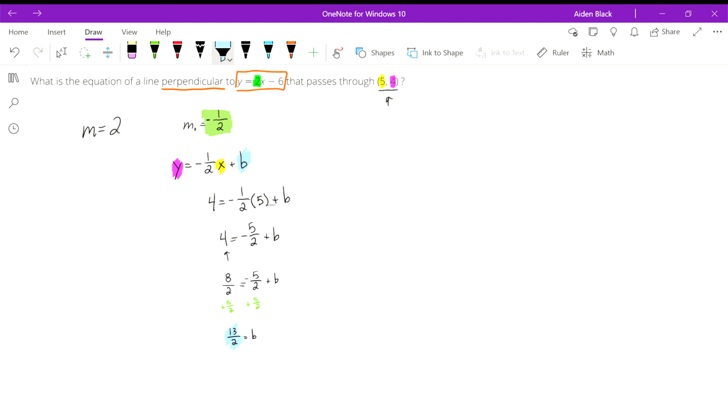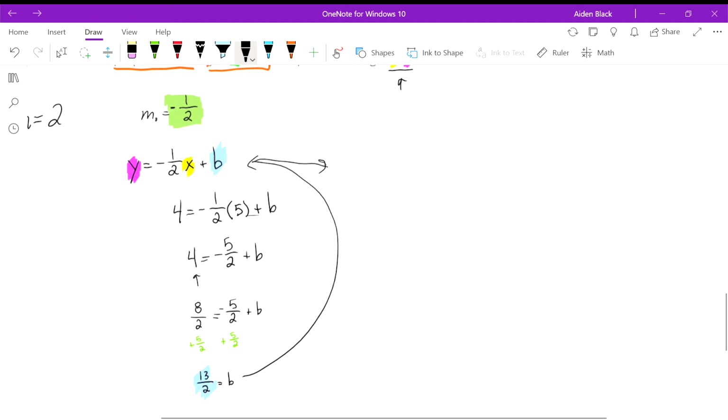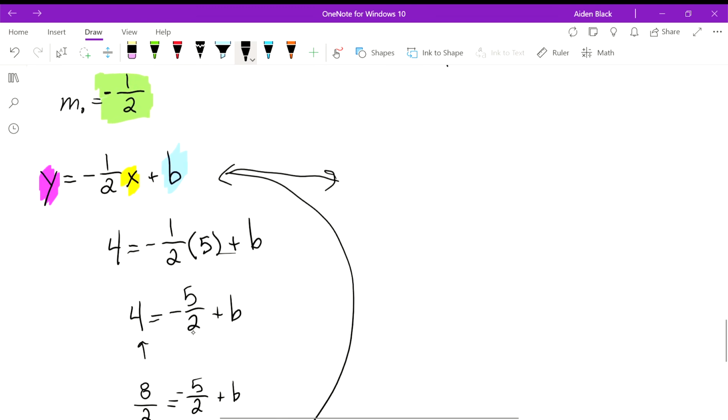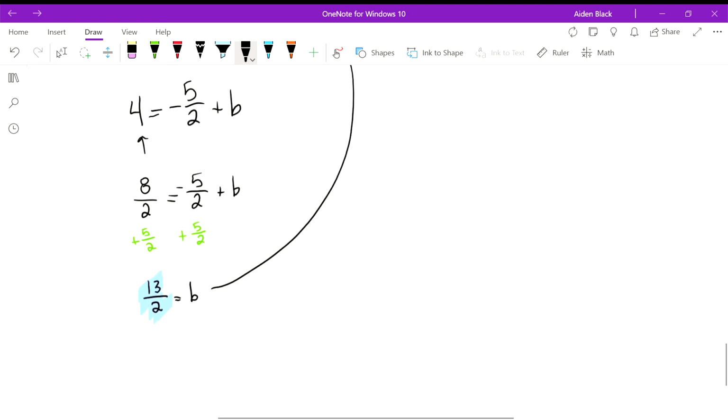Now all we gotta do is plug this in and we get our equation: y equals negative 1 over 2 times x plus 13/2.